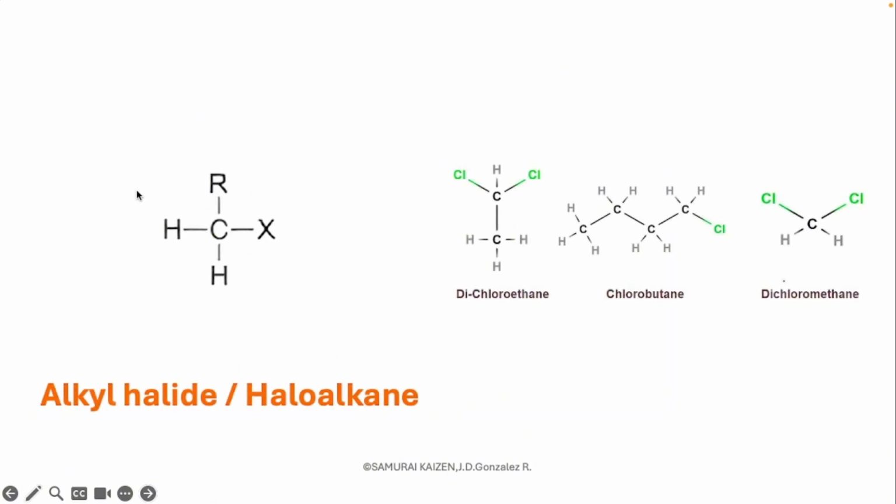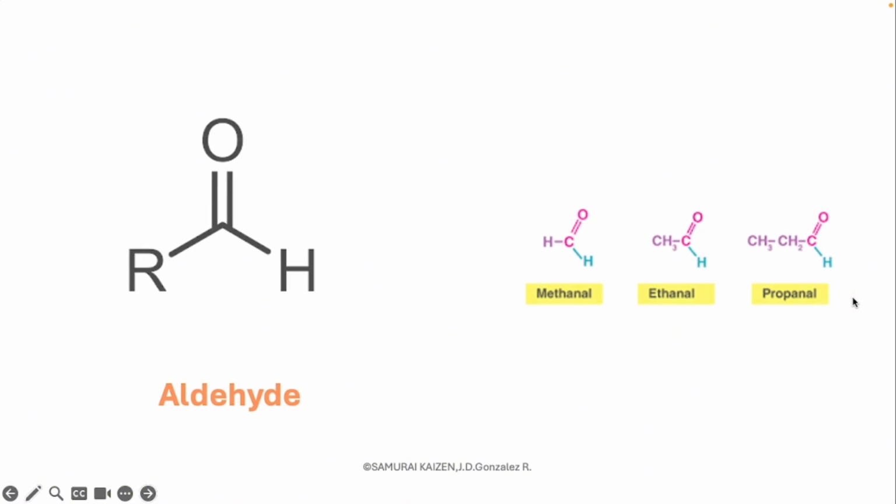And then we have the alkyl halides, also called haloalkanes. Here we have 3 examples of them. This is a dichloroethane, this is a chlorobutane, and this is a dichloromethane. Next, we have an aldehyde, where we also have 3 examples: methanal, ethanal, and propanal.